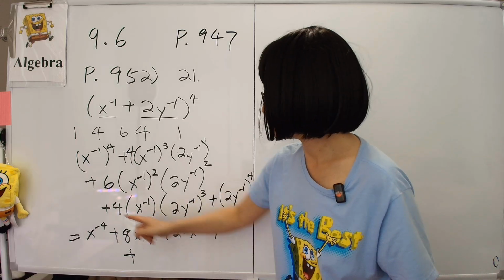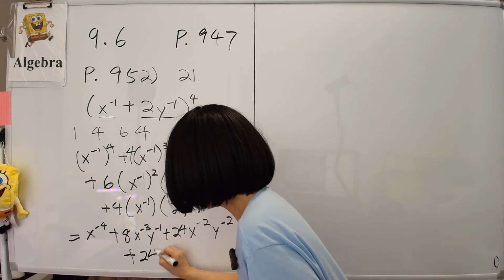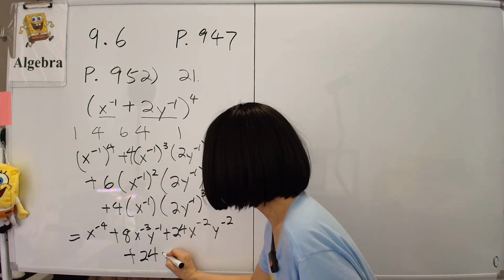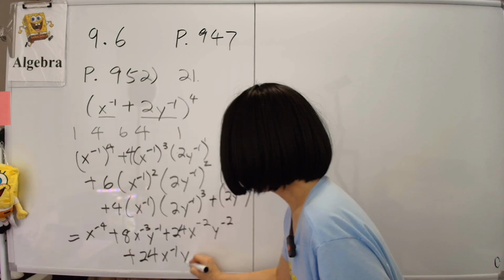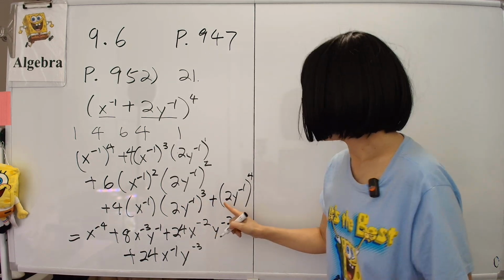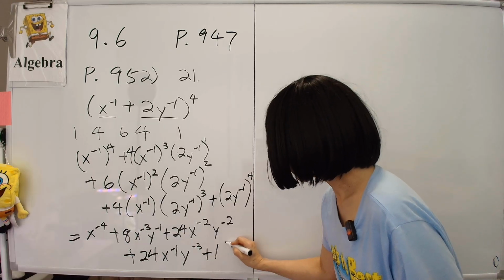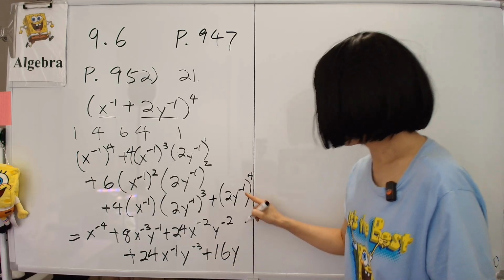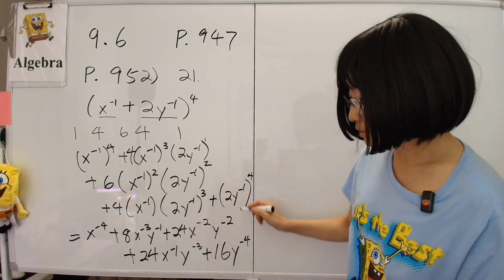So 8 times 4 is 24. So the total amount of numbers is 24. And then x is just to the power minus 1, and y is to the power minus 1 times 3, which is minus 3. And then finally 2 to the power 4, which is 16. And then y to the power minus 1 times 4 is minus 4. So that is it.